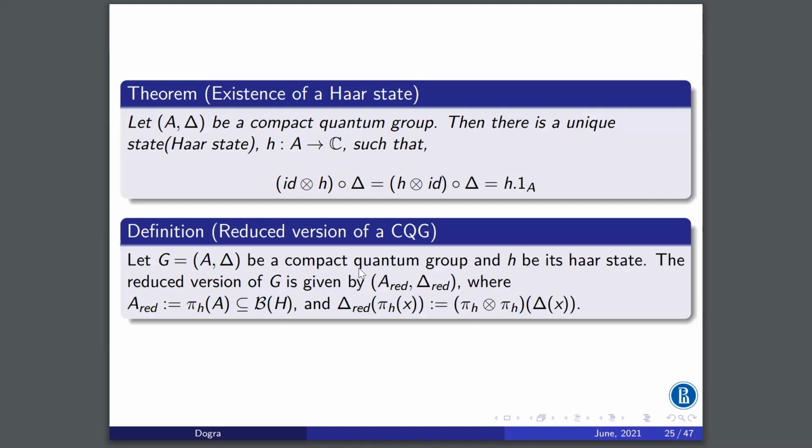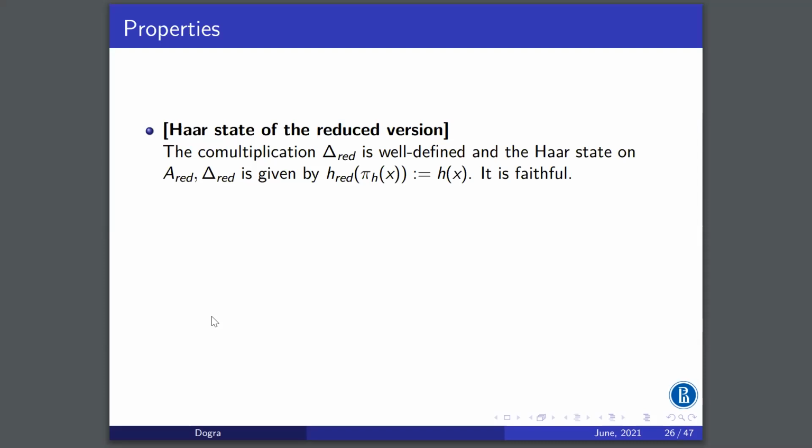First of all, the reduced version is denoted as A_red and delta_red, where the algebra is the image of the algebra in the linear space of bounded operators on H, which was defined before, but we had defined it for the case of L2(G). And the Haar state of the reduced version is analogously defined as this. Also, the Haar state on an arbitrary compact quantum group might not be faithful, but for a reduced version, it's always faithful.